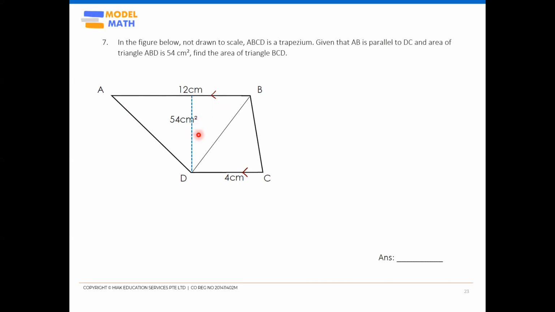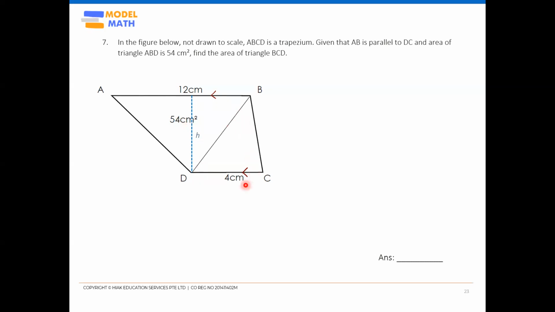Let's just call this h, because at this point I wouldn't know what h is. With this area of 54, I can use it to find the value of h, because I have area and base. Half times base times height equals 54. Later that's what we are going to work on.